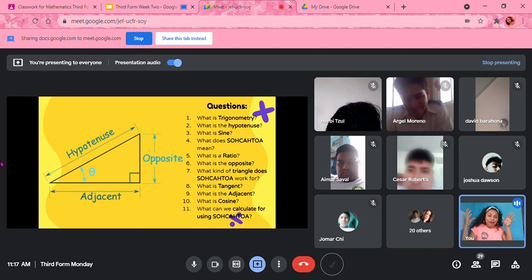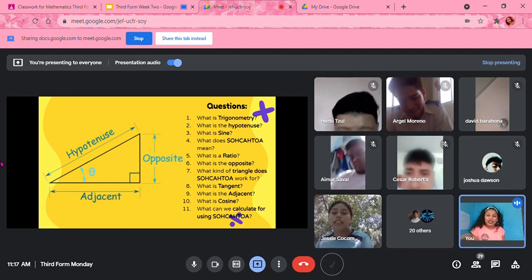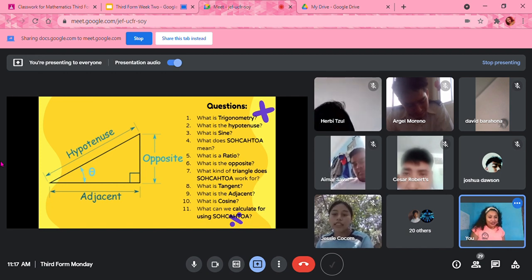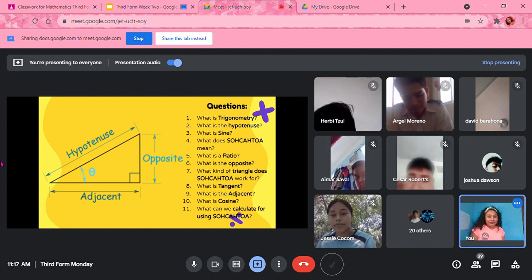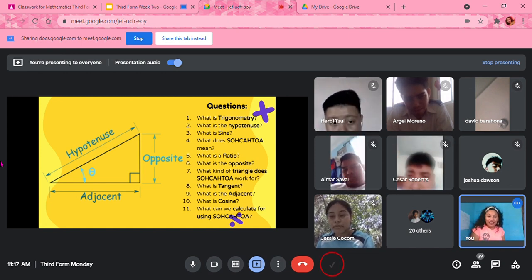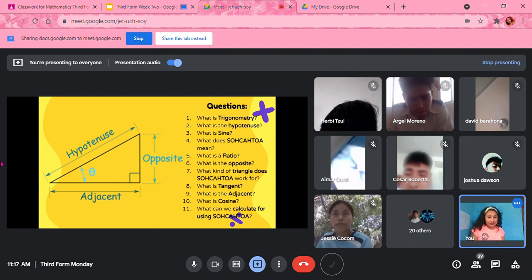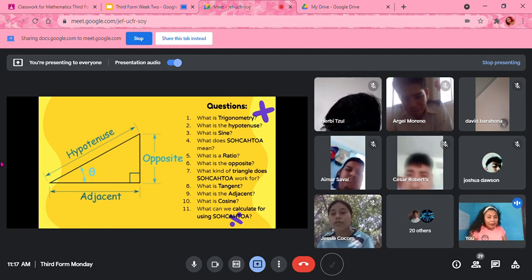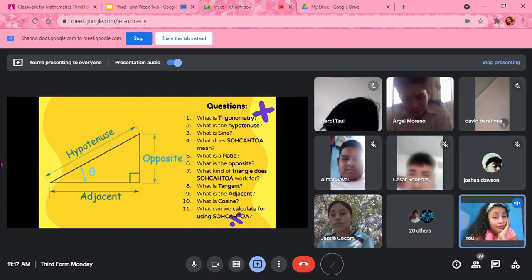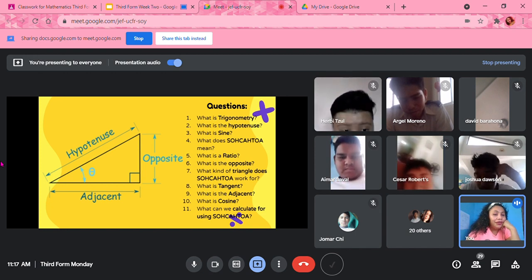SOHCAHTOA is the abbreviation for the formulas for the trig ratios: hypotenuse, opposite, adjacent. What is a ratio? And we talked about this in the beginning. What's a ratio? Pairs, miss. Repeat again. Ordered pairs, very good.